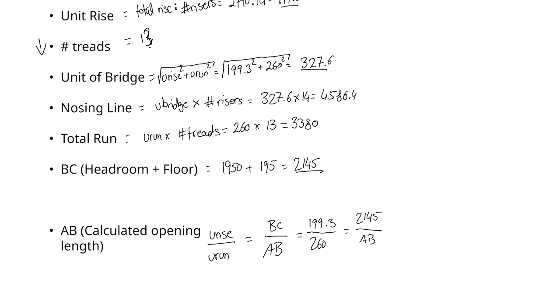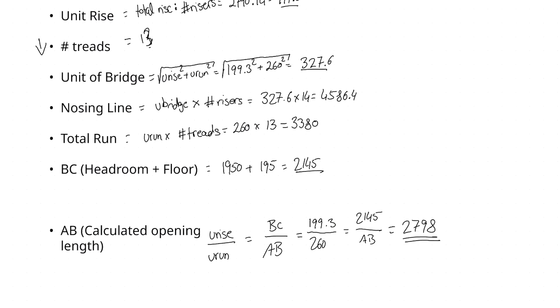So this is where we can do ratio and proportion. 260 times 2145 divided by 199.3. And that's going to give us the AB measurement, or the calculated opening length, 2798.